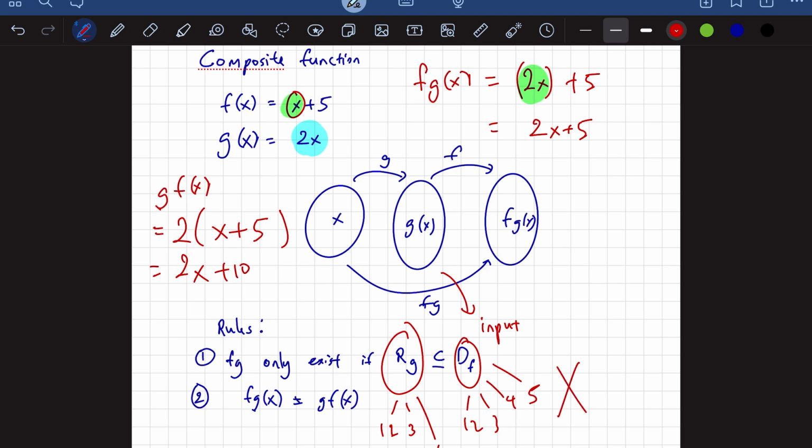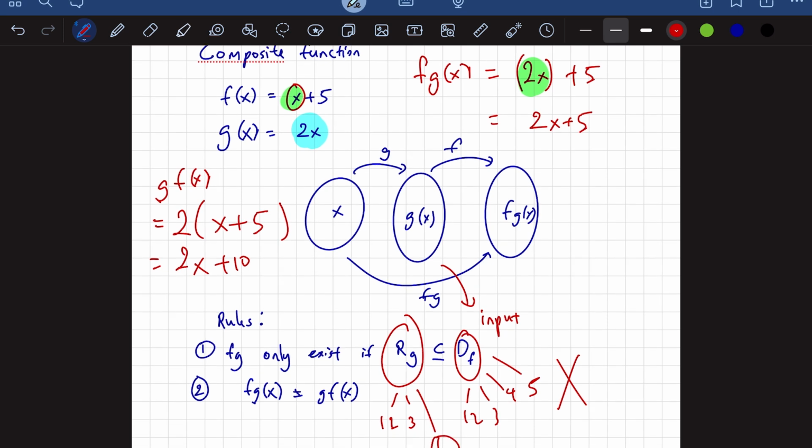Then you can't have an fg composite function, because 6 is a range value of g that doesn't exist as part of the domain of f. So we have to be very clear whether this exists first before we find the composite function. And do take note that f(g(x)) is not equal to g(f(x)). It's not a multiplication. They don't mean the same thing.